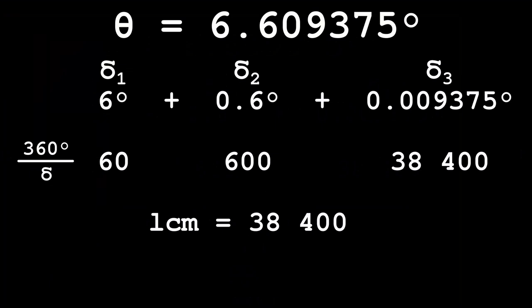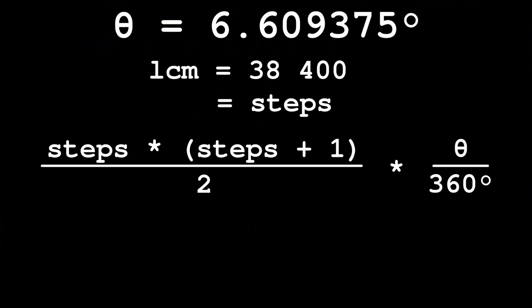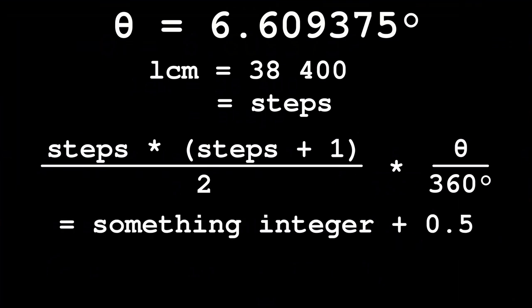If we were just running in a circle, turning 6.609375 degrees per step, the turtle would be back home after 38,400 steps. But as we do not turn 1 times theta per step, but the current step number times theta, we need to apply Newton's formula to calculate the sum from 1 to 38,400 multiplied with theta, and then look at the decimal rest when dividing by 360.